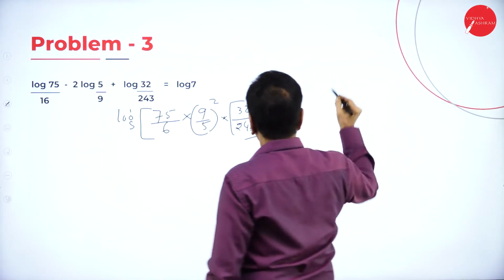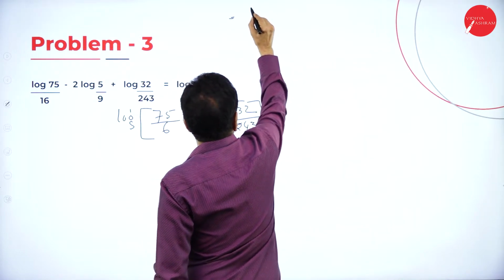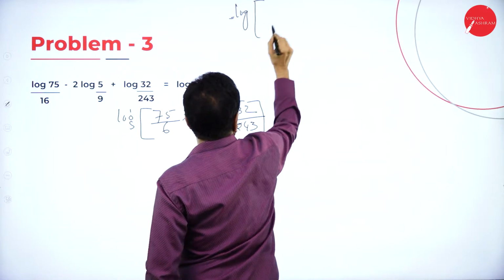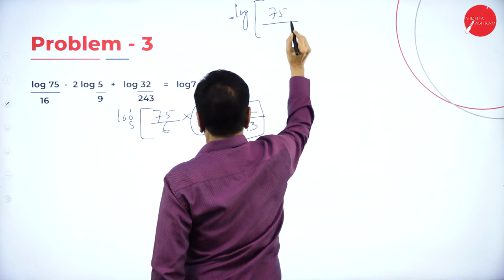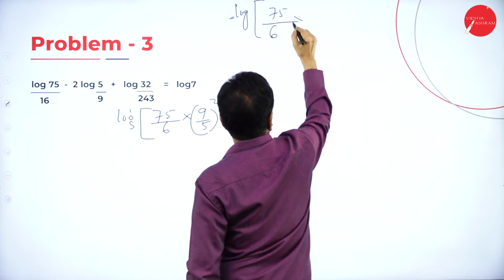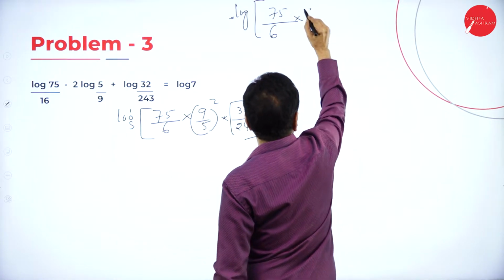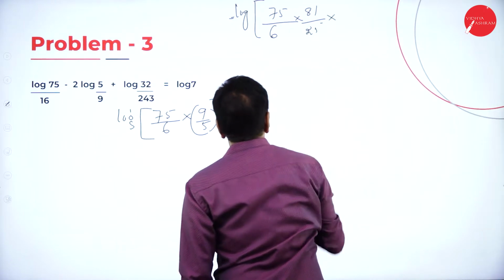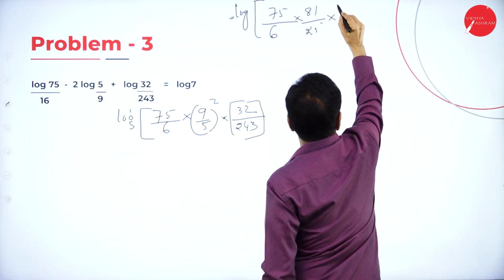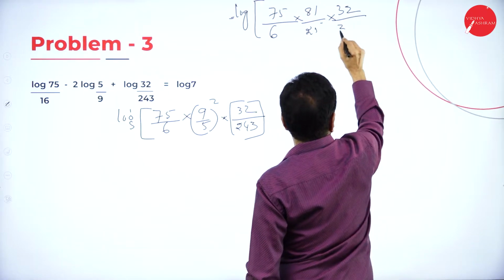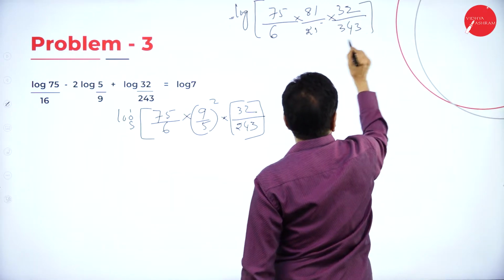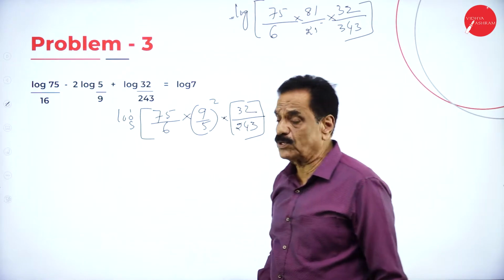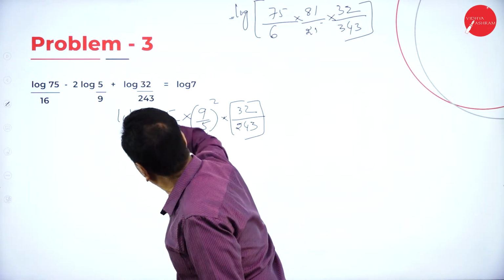So simplify this. Log 75 divided by 16, 9 nines are 81 divided by 25 into 32 divided by 243. Okay, plus means multiplication, minus we can write to bottom, then come back here.